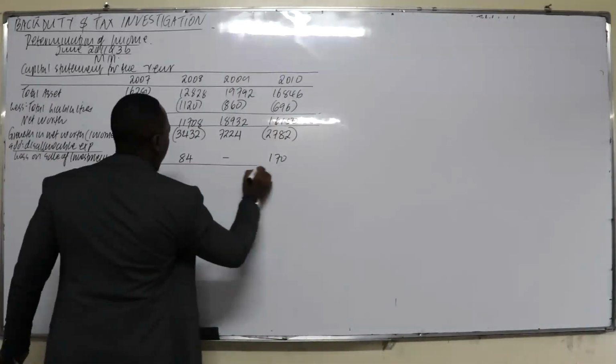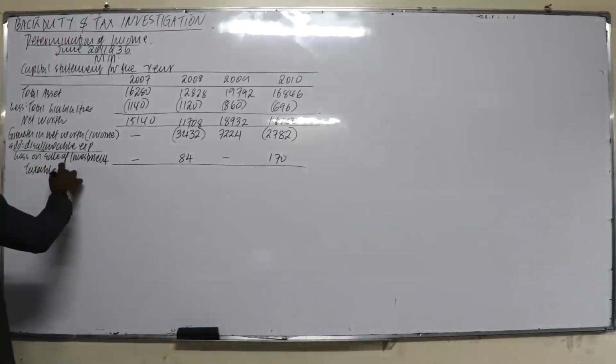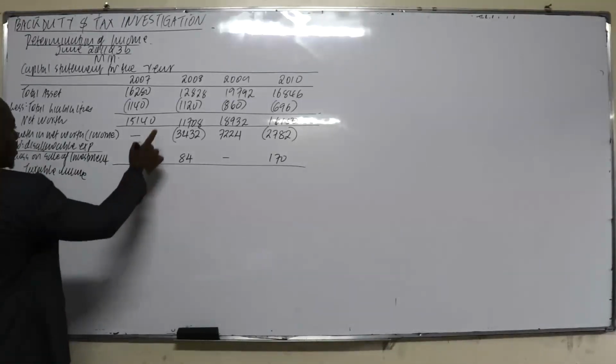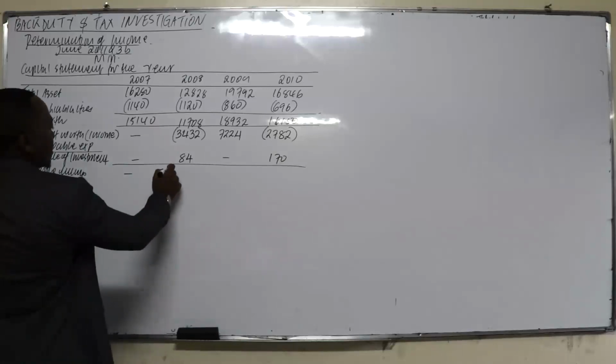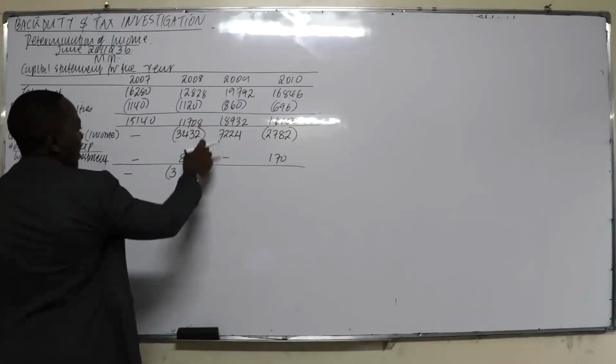First of all, give me now the taxable income. You take the income, then you adjust.